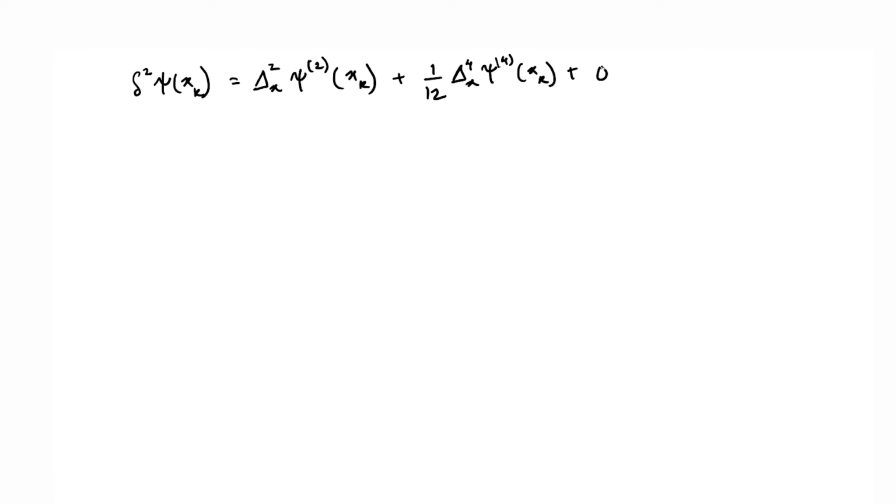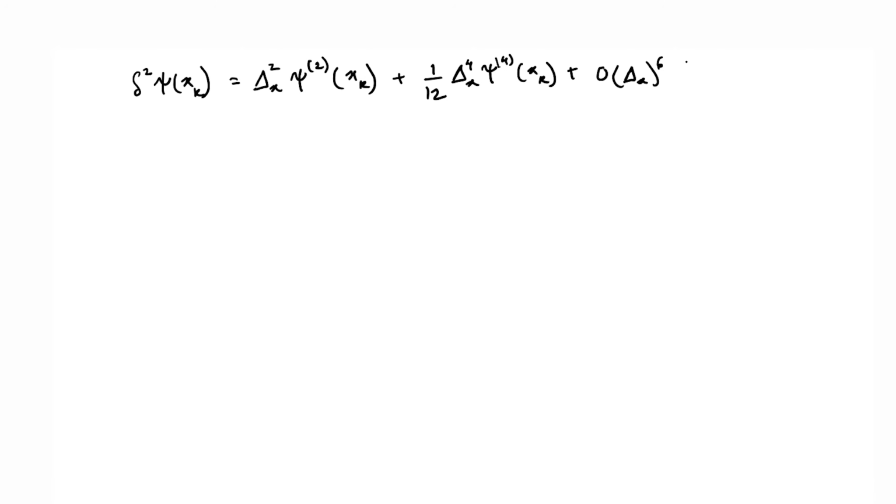Instead of having those 3 terms on the left hand side of the equation in the previous slide, we write it as delta 2 psi x k equals delta x square psi 2 x k plus 1 by 12 delta x to the power 4 psi 4 x k plus order delta x to the power 6.